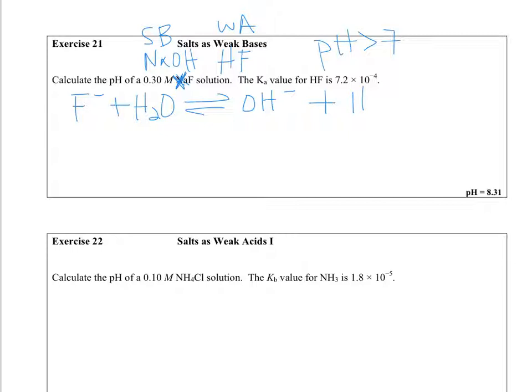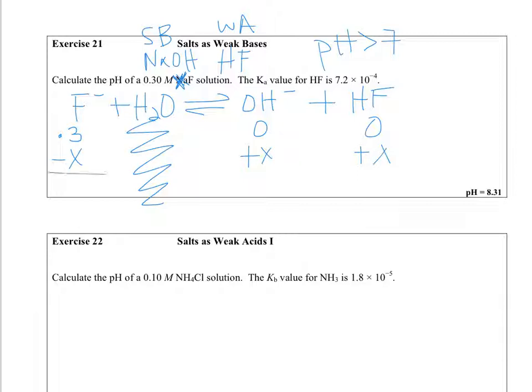And what's the F going to do? It's going to pick up a hydrogen from water, form HF. Water is not going to be included in my RICE table. I'm going to have 0.3 of this, 0, 0, minus X, plus X, plus X, 0.3 minus X, X, and X.